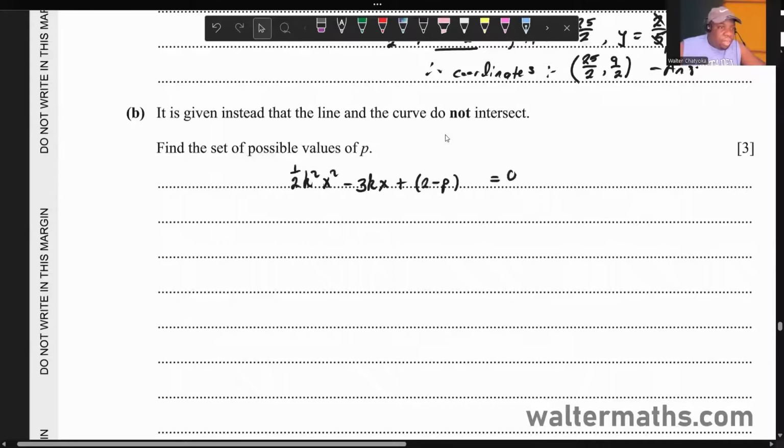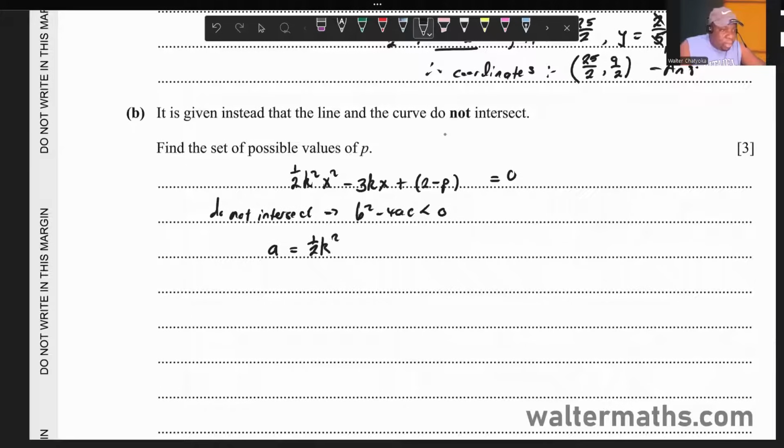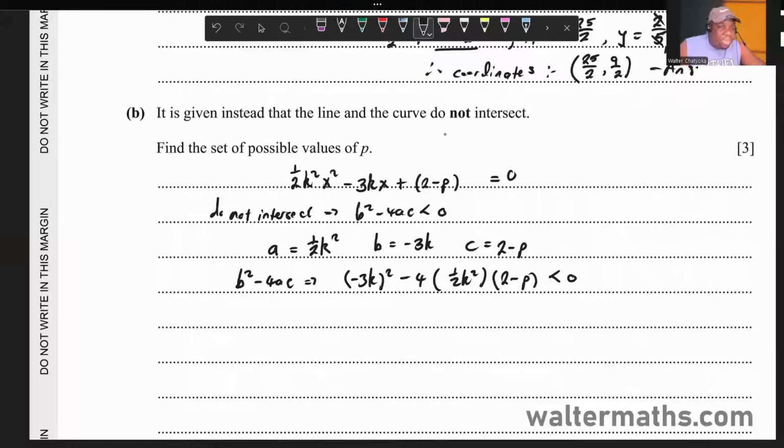All right. So since they do not intersect, it means that b squared minus 4ac should be less than 0. In this case, a is half k squared, b is minus 3k, and c is 2 minus p. So when we say b squared minus 4ac, we mean minus 3k squared minus 4 of half k squared, and c, which is 2 minus p, and it has to be less than 0.